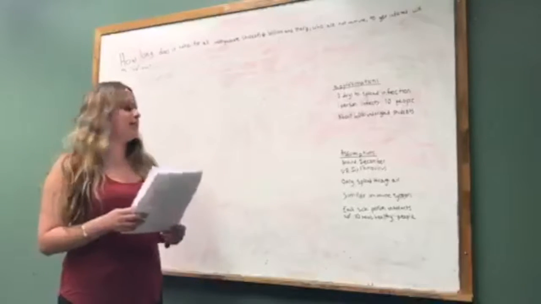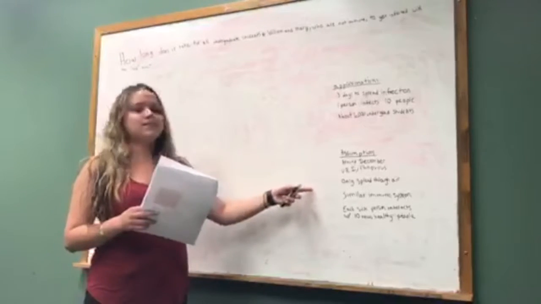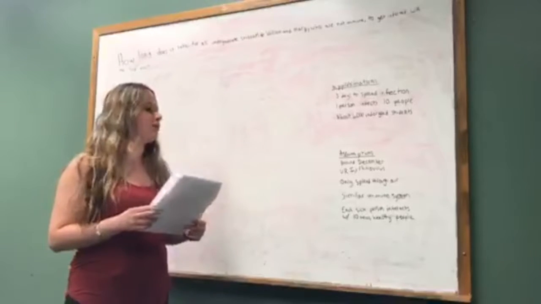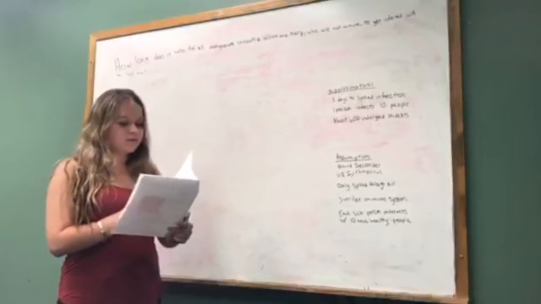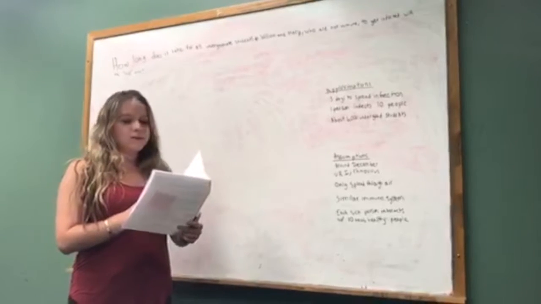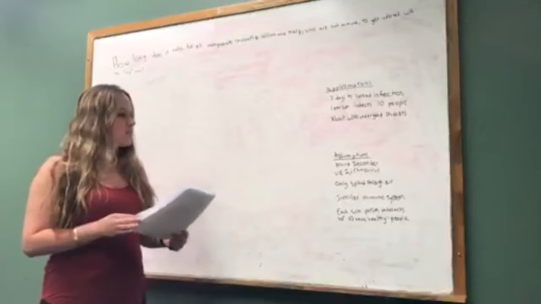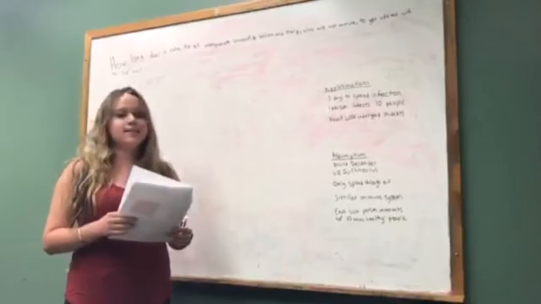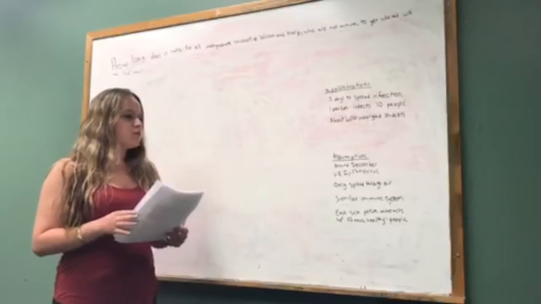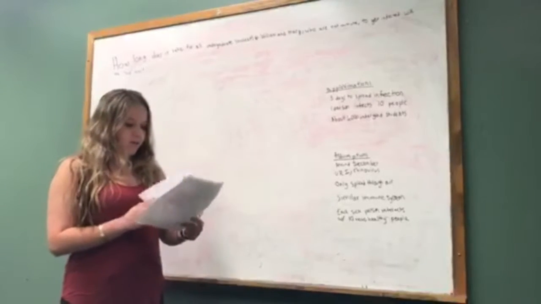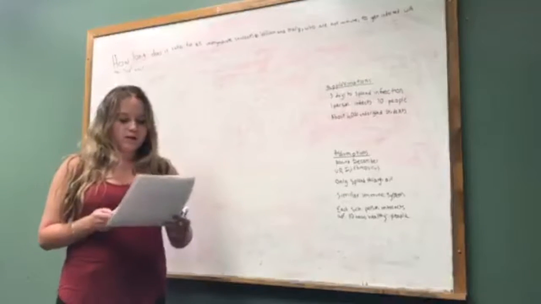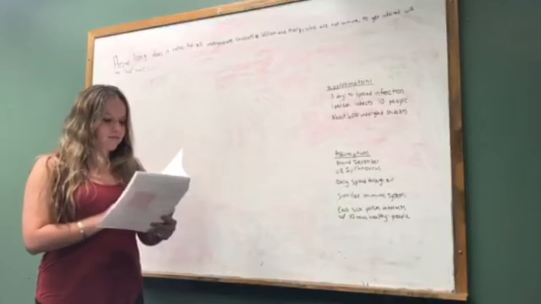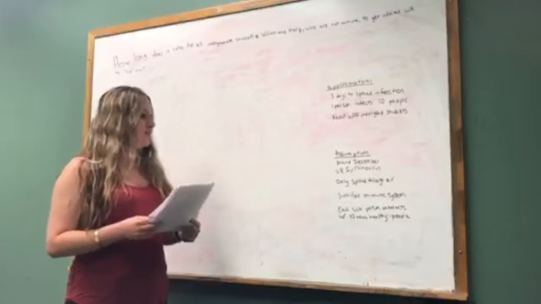And then some assumptions that I made is that this infection will occur around December, which I found from current allergy and asthma reports. And then I'm also assuming that this disease is a type of upper respiratory infection, which I also got from current allergy and asthma reports, and that it is a type of rhinovirus, which I got from the New England Journal of Medicine.